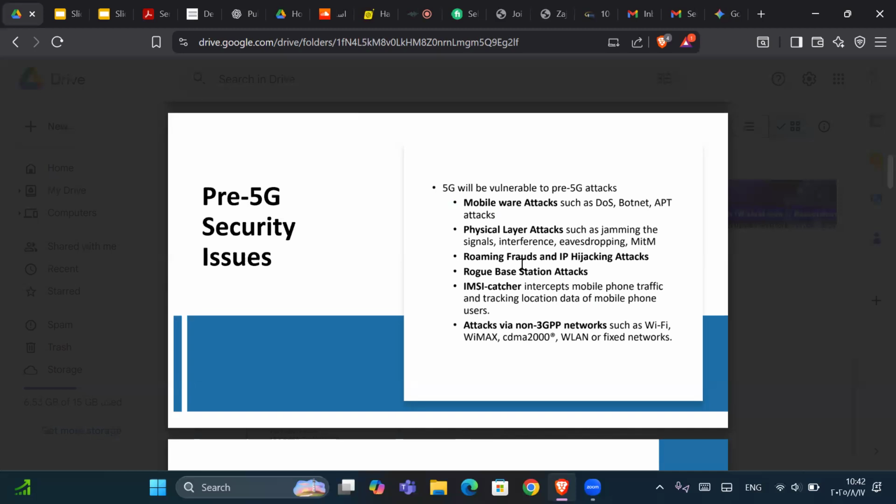We have physical layer attacks such as jamming the signal, interference, eavesdropping, and man in the middle. Roaming fraud and IP hijacking attacks, rogue base station attacks, IMSI catchers that intercept mobile phone traffic and track location data of mobile phone users. And we have attacks via non-3GPP networks such as Wi-Fi, WiMAX, CDMA, and WLAN.